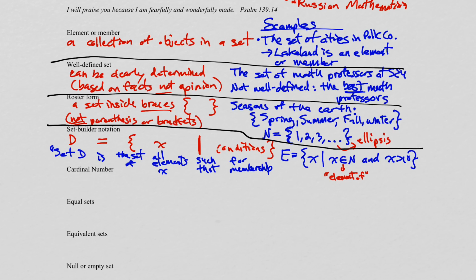So X is an element of N, the natural numbers 1, 2, 3, 4, etc., and is greater than 10. In roster form, that would be 11, 12, 13, anything greater than 10.